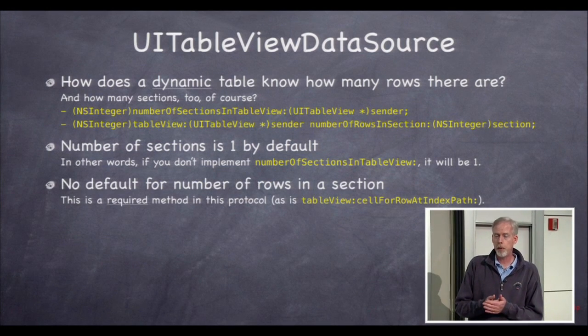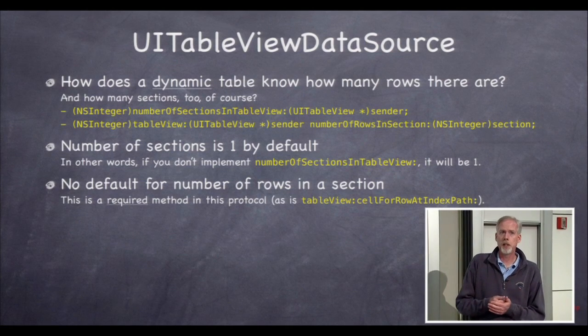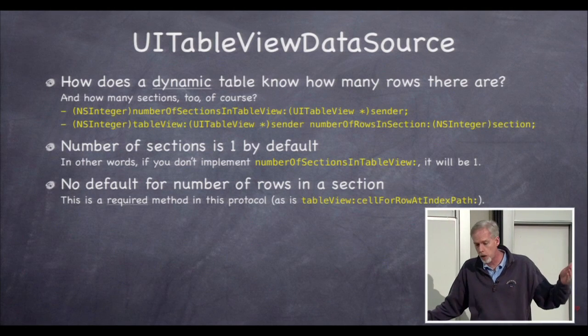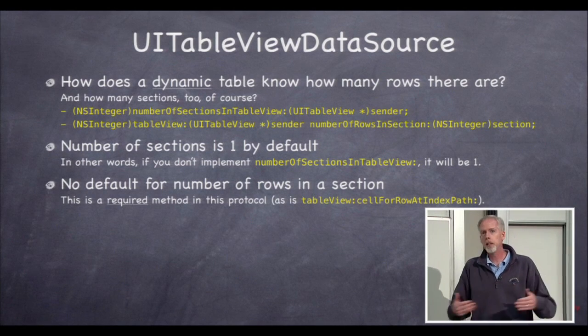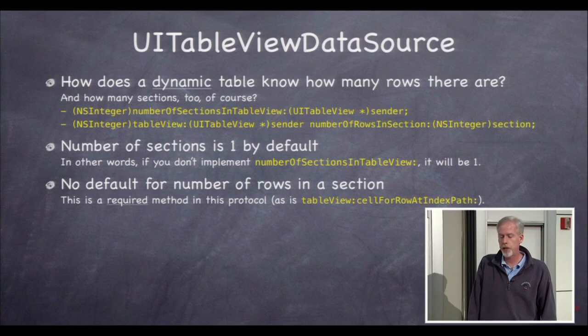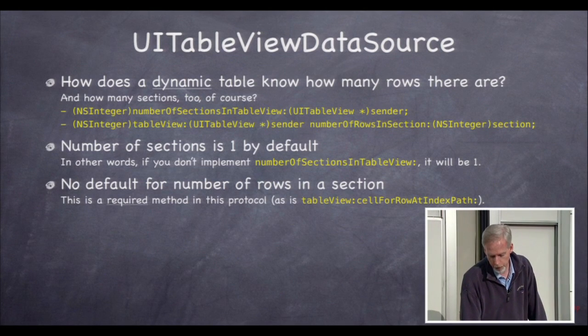You must implement it, this is a required method in this protocol, you have to say how many rows are in a given section. Understandably. If the table view doesn't know how big the table is, it can't make the scroll bars the right size. It can't scroll around and start creating cells when necessary. It just doesn't have enough information. So even if this is 0, you have to return something from this method if you're doing a dynamic table.